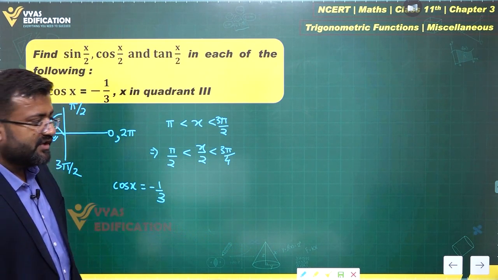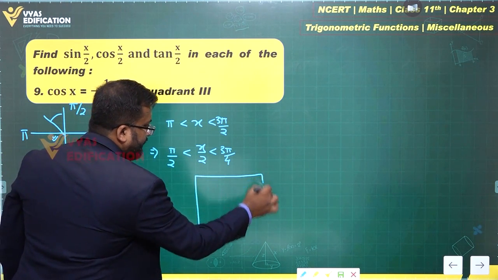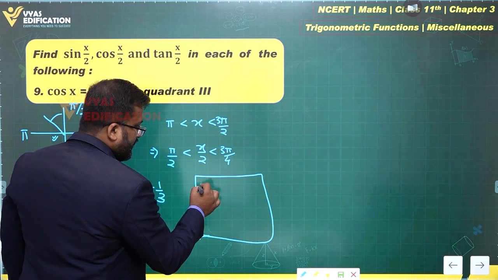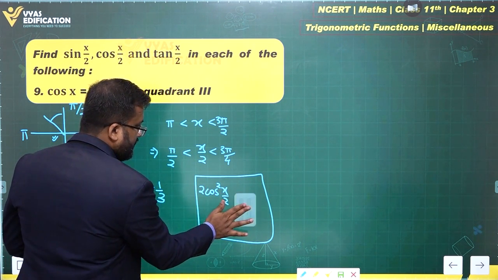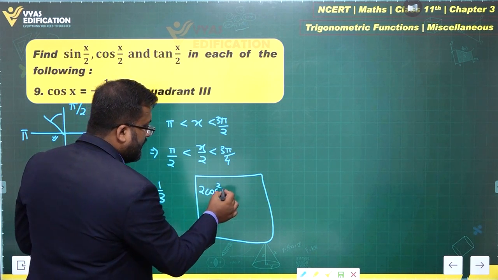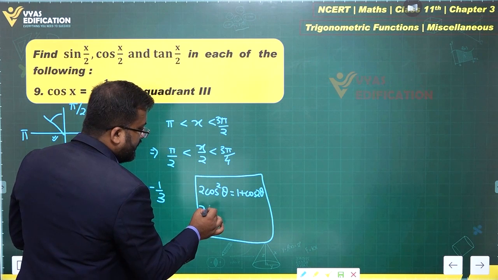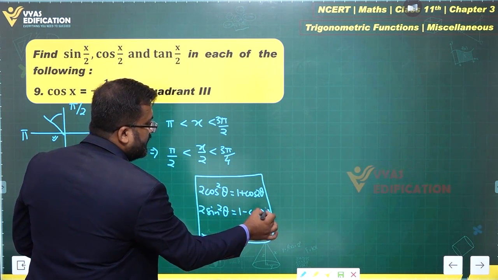Formula of half angles. What is that? Cos has many formulae, right? Let me write a few formulae over here. We know that 2 cos square x by 2, or you can simply say 2 cos square theta, is 1 plus cos 2 theta. Also you can say that 2 sin square theta is equal to 1 minus cos 2 theta.